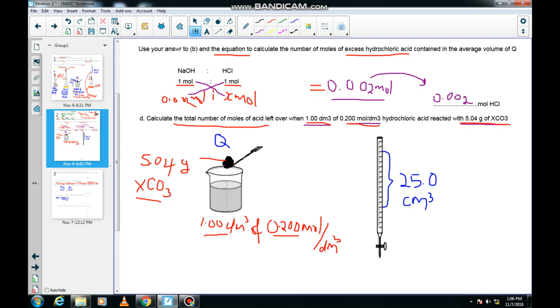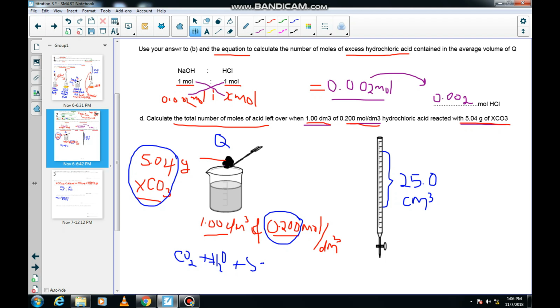Now, I want you to understand that this mass of the carbonate will react with the acid here to produce carbon dioxide, water, and a salt.